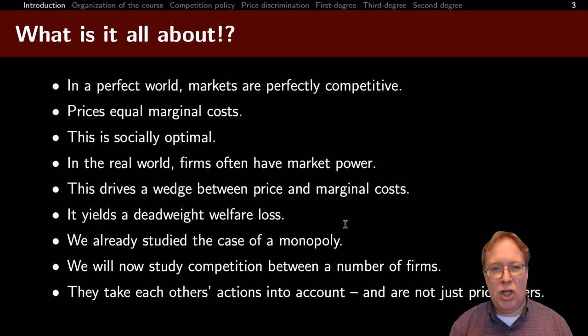We already studied the case of a monopoly in Micro 1, but we will now study the case of competition between a number of firms. And that's pretty tricky because, of course, these firms are all reasonably sized, so they do take each other's actions into account. They're not just price takers. In Micro 1, we covered the two extremes of the spectrum.